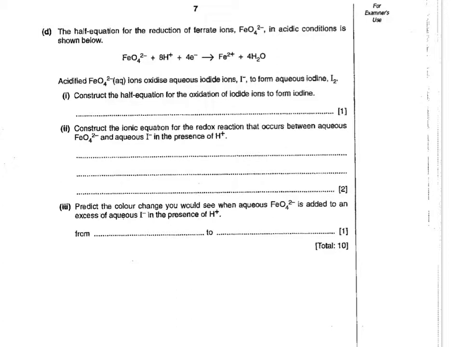So it asks you to construct the half equation for the oxidation of iodide ions to form iodine. So it's a little bit like the reaction we did earlier with copper, apart from this time it's talking about iron, so it's mixing and matching it up a little bit. So it's still quite applied, this. It's not going to be in your textbook, but it's definitely within your grasp if you just keep a cool head and think about what they're asking you.